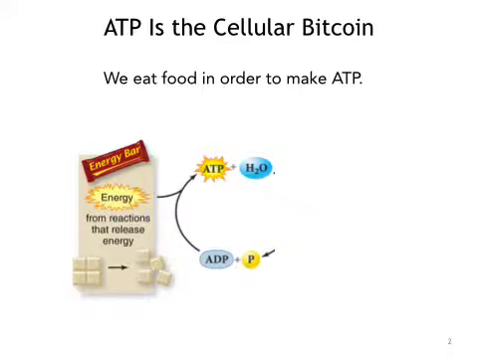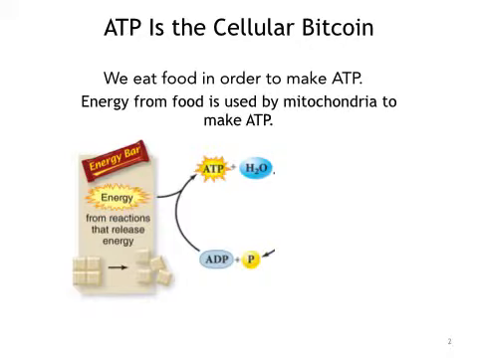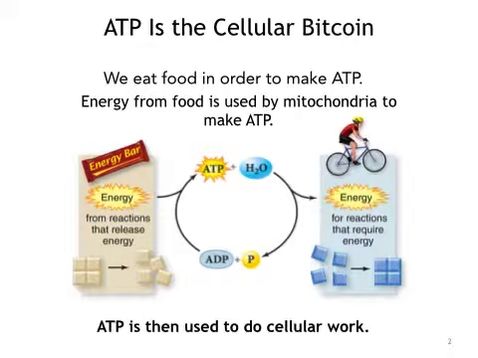So, okay, you eat your energy bar that has energy in the chemical bonds, and as you break that energy bar down, that energy is used by the mitochondria to make ATP. So that's at the top there. You're making ATP, that little explosion there of energy. And then that ATP can be used to do cellular work.